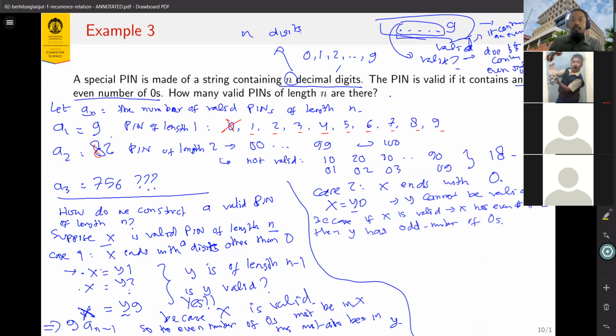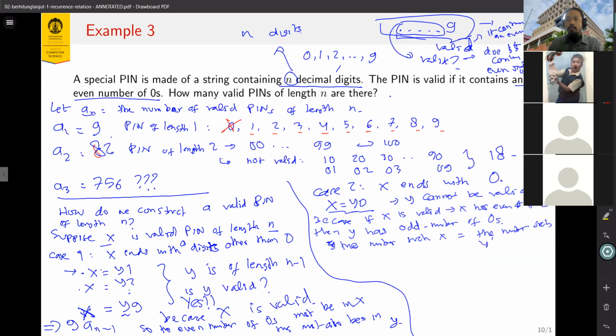So from here we know that the number of such x is equal to the number of such y.